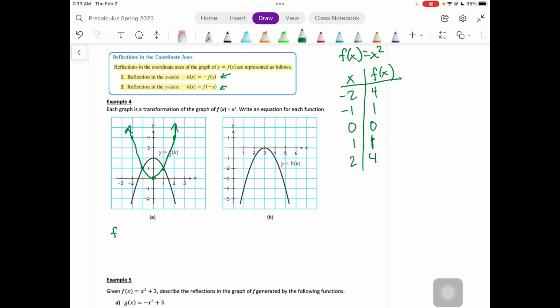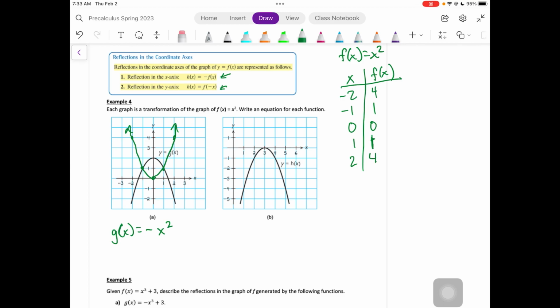So actually we'll call this g of x, because it says g right there. So g of x is equal to negative x squared, because we reflected over the x-axis, so the whole function is negative.